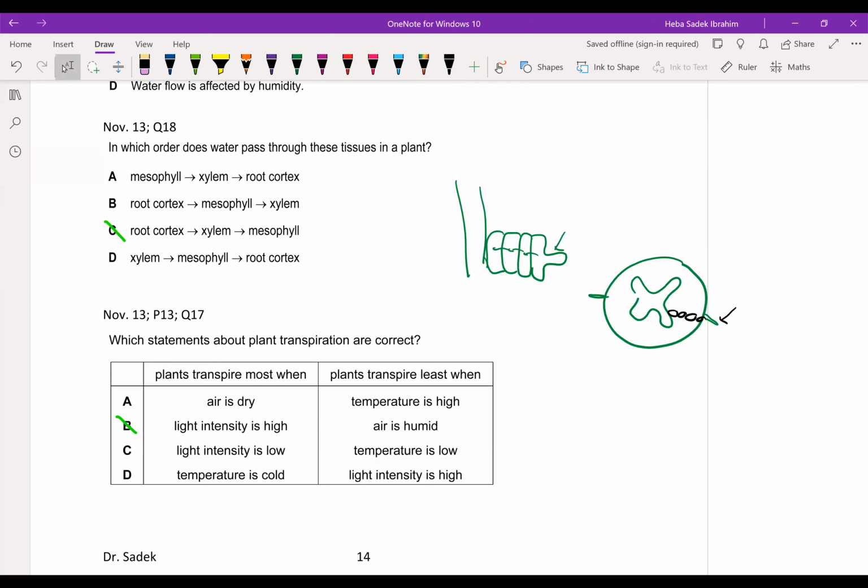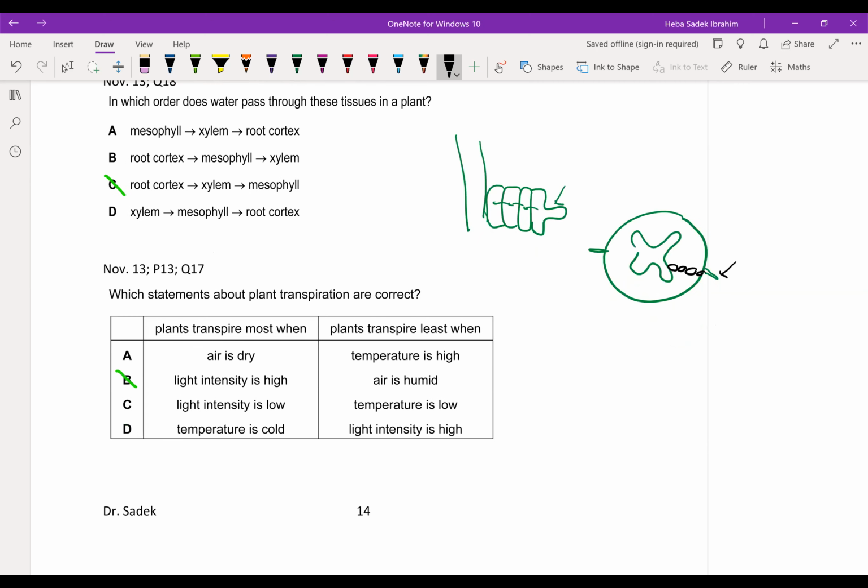Which statements about plant transpiration are correct? Plants transpire most when light intensity is high, and least when the air is humid. Correct. Be careful, sometimes he uses the word dry. Dry is just another way of saying that the humidity is low.